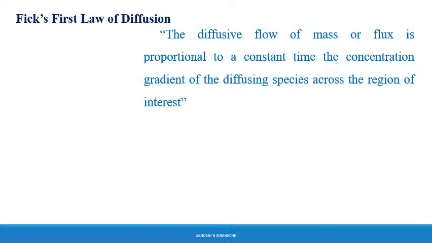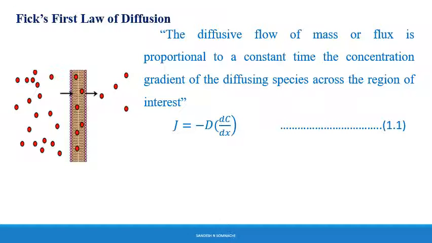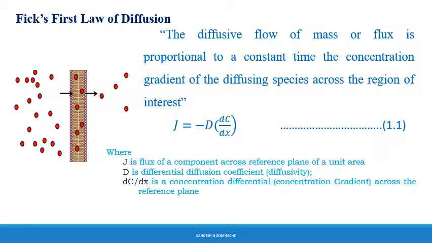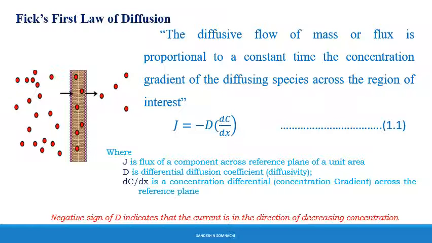And mathematically it is given as J is equal to minus D dC upon dx, where J is the flux of compound, D is the diffusion coefficient, and dC by dx is the concentration difference or concentration gradient across the biological membrane. The negative sign indicates the flux is in the direction of decreasing concentration.